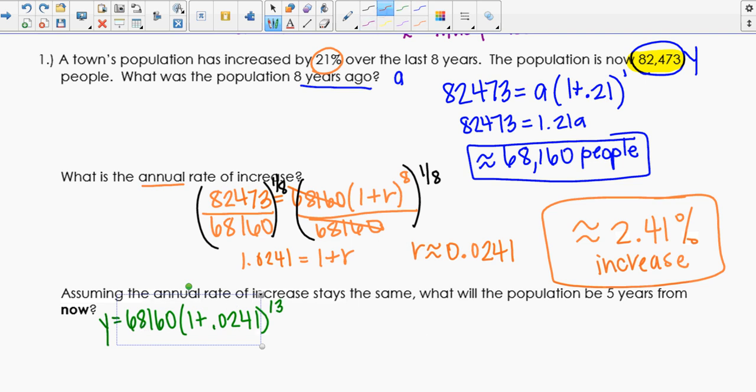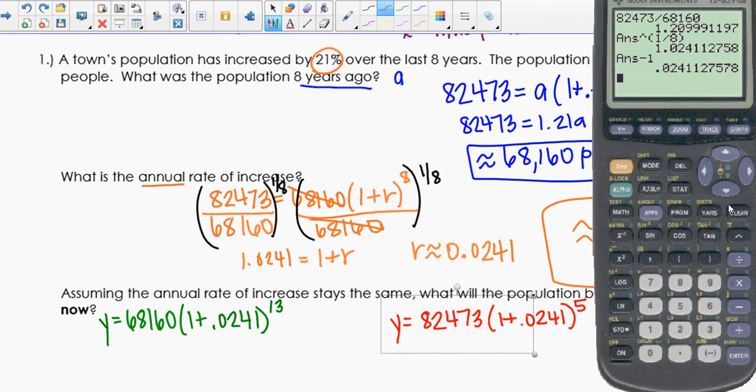So that's one way of doing it. The other way of doing it is say, okay, from now, well, my population right now is 82,473. My rate's not changing. But if I'm using this initial population that's happening right now, then I'm looking for the 5. Okay. Either way, you're going to get answers that are pretty darn close. So if you throw that in your calculator, you get 68,160 times 1.0241 to the 13th power.